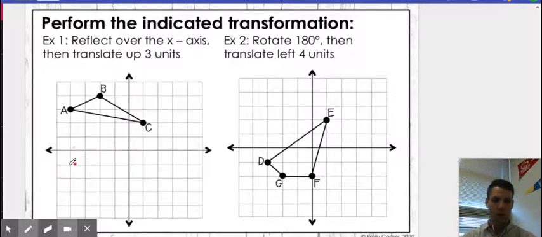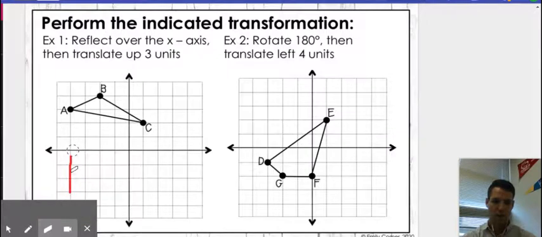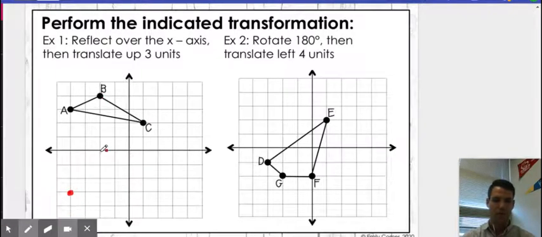So we're going to mark our points here. Our A from our x-axis is 3 spaces, so I'm going to go down another 3 spaces and plot a point for A prime. I'm going to have A prime being down here. B is 4 spaces down to the x-axis, and so I'm going to go another 4 spaces down to find B prime right there.